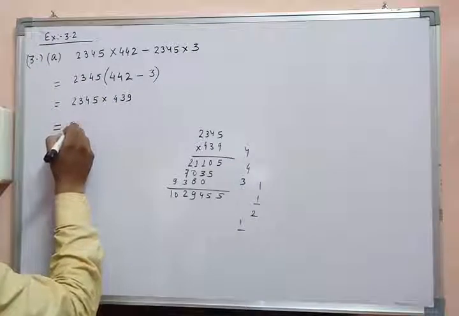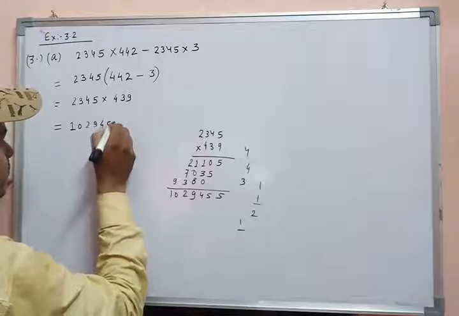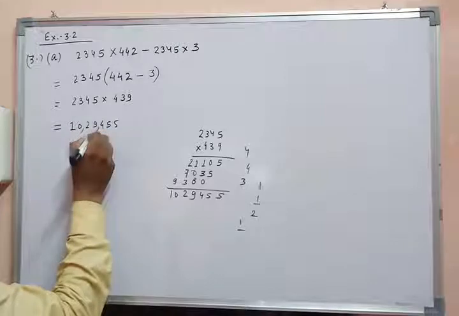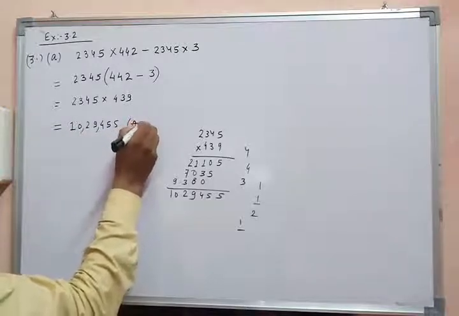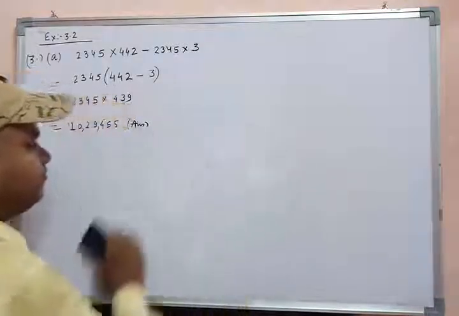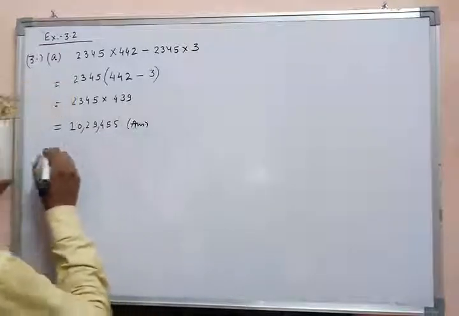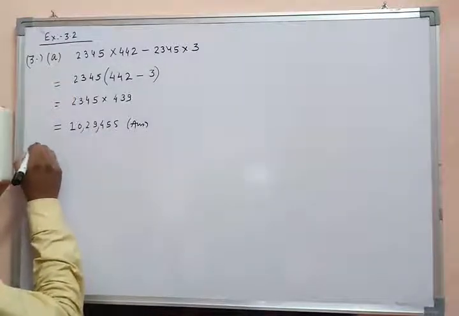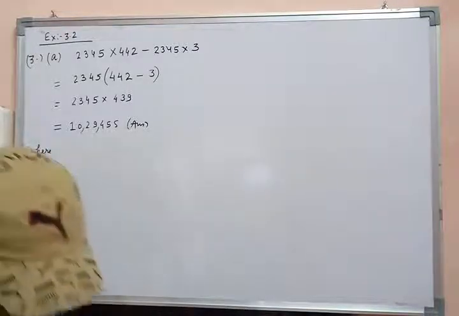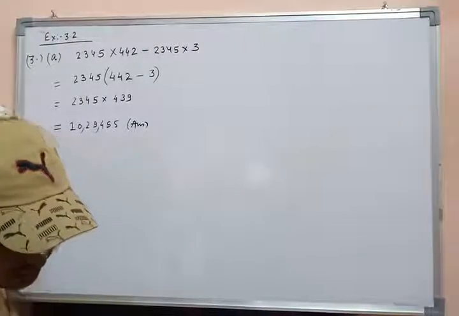Now we can write the answer: 10,29,455. And here we also have to mention which property is used for solving this question. We have to write the name of the property applied at various steps.